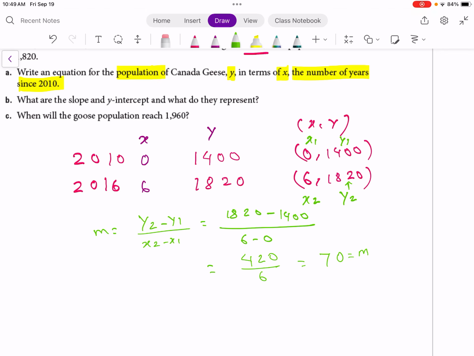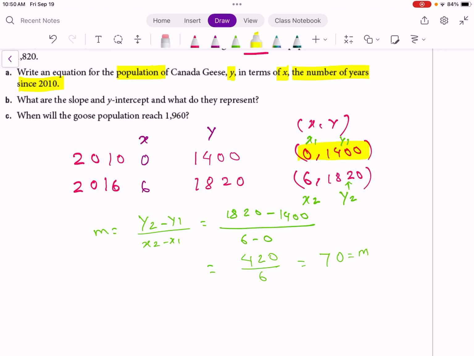We are finding the equation of a line, okay? And to find the equation, we need a slope. Now we have two options, point-slope form and slope-intercept form. So what form do you want to use? Now, this point has x equal to 0.